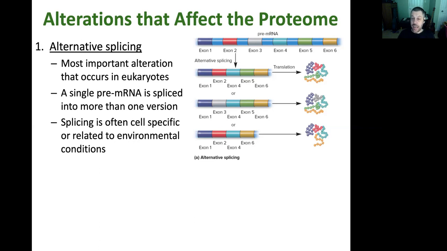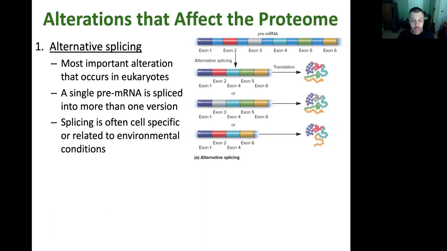The second version is exon 1, 3, 4, 5, and 6, but not exon 2. And the third example is 1, 2, 4, and 6. So that one just has 4 exons. It's lacking 3 and 5. Each one of those different messenger RNAs is obviously going to give you a slightly different protein when it's translated. And that's one way that you can have more proteins than you have genes in your genome.